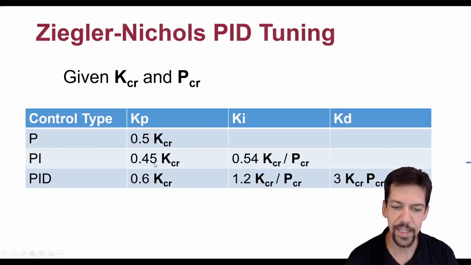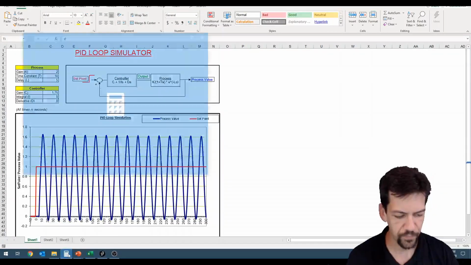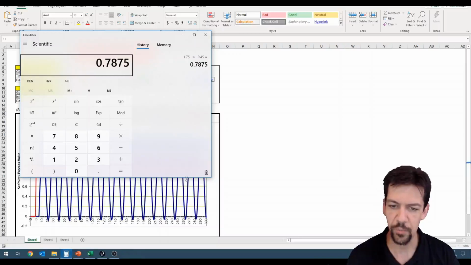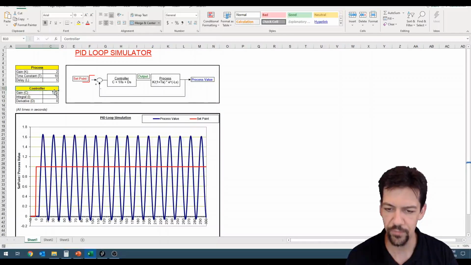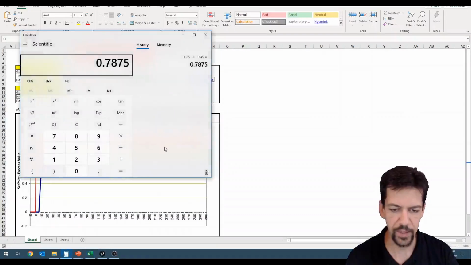So in this case, my period is 19, my critical gain is 1.75, so my KP should be 1.75 times 0.45, which is 0.7875. Right, so that gives me a good proportional controller.